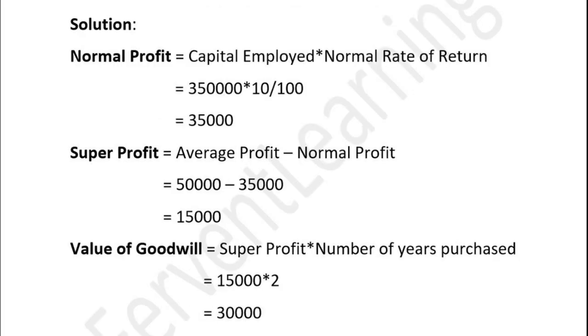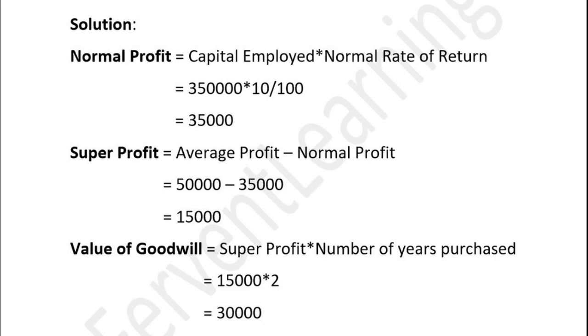Look at the solution. Normal profit is equal to capital employed into normal rate of return. So in this sum, capital employed is 3,50,000 and normal rate of return is 10%. That is 3,50,000 multiplied by 10 divided by 100. We will get 35,000. After that, we will calculate super profit.